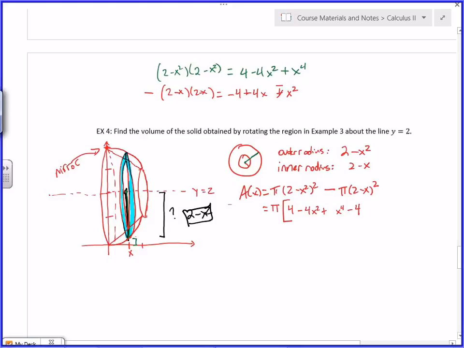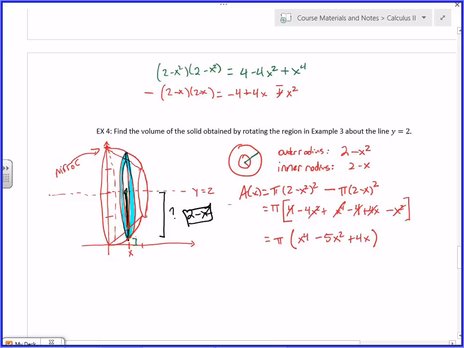So minus 4 plus 4x minus x squared becomes pi times x to the 4th, minus 5x squared plus 4x, and that's it, right? Because 4 minus 4 cancels. Algebra.